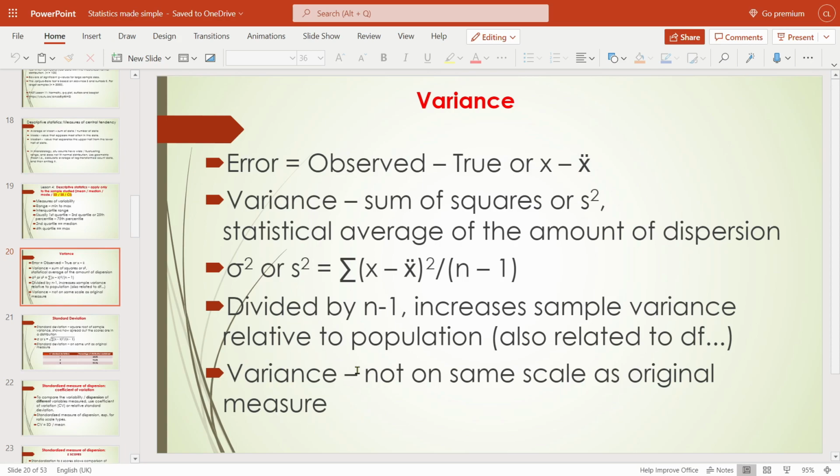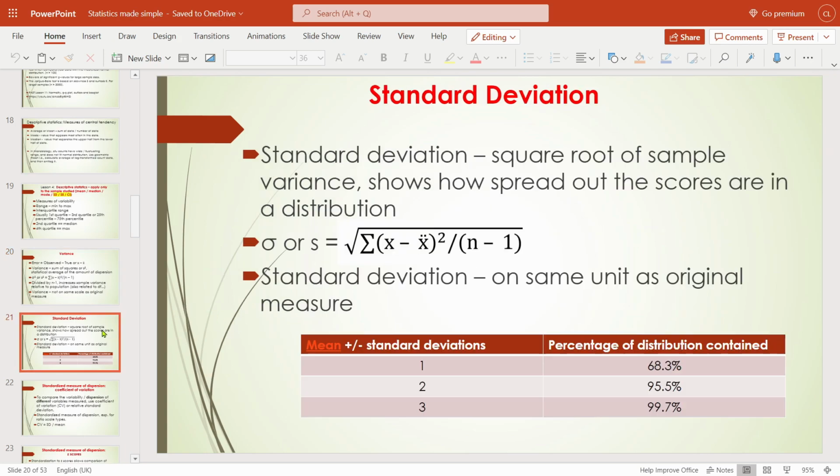Problem is, variance is a squared value, so the value is not on the same scale or unit as the original measure. So it is not as frequently reported as the next topic that we will be discussing, which is standard deviation.